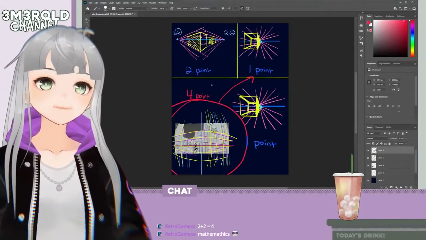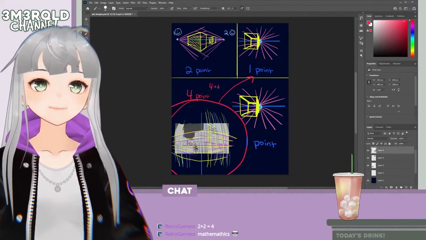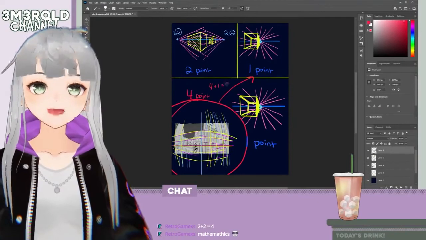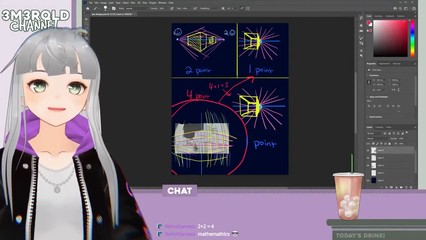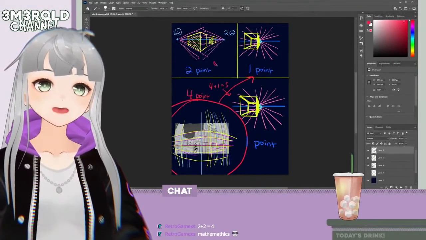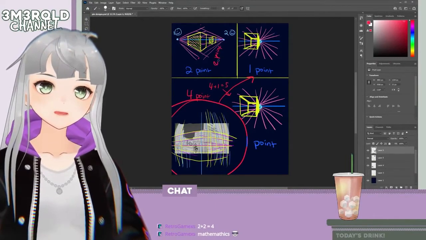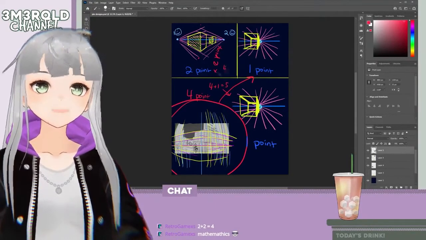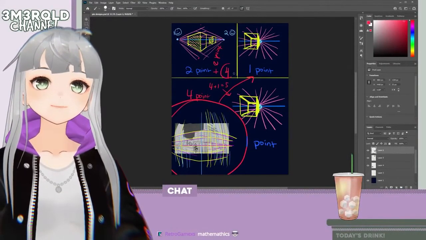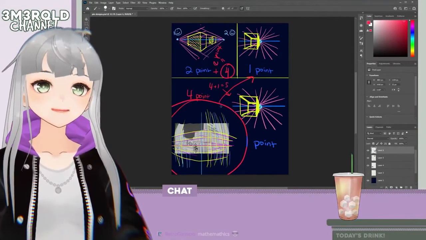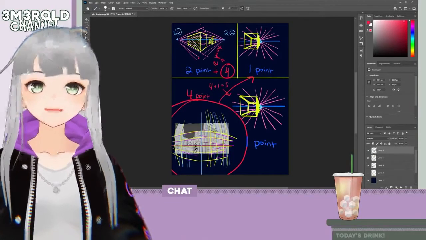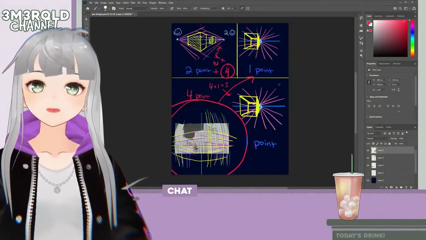Mathematics, pretty much 4 plus 1 equals 5, right? And then 2-point perspective, and then we have sideways 2-point perspective. Add that together, and it will give you 4. Yeah, it's math.